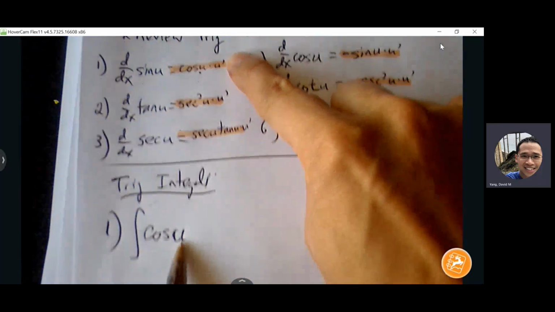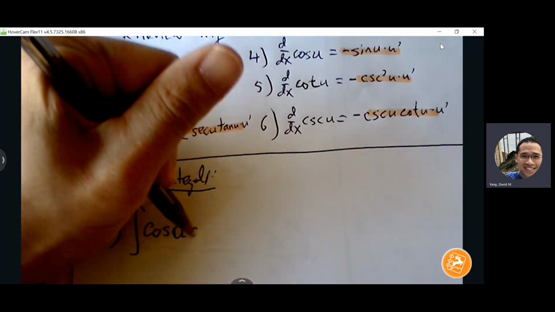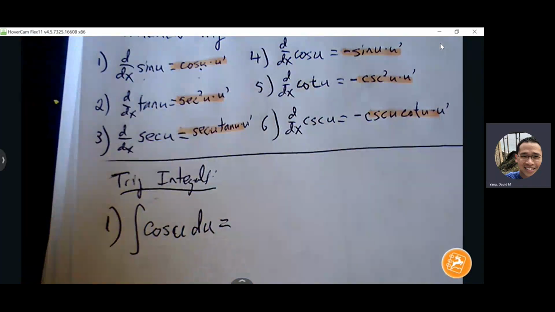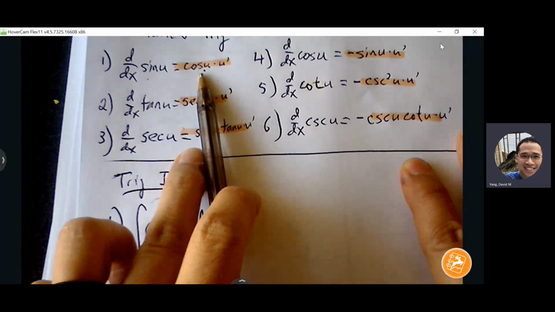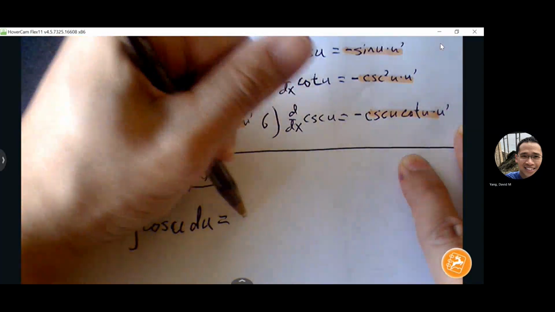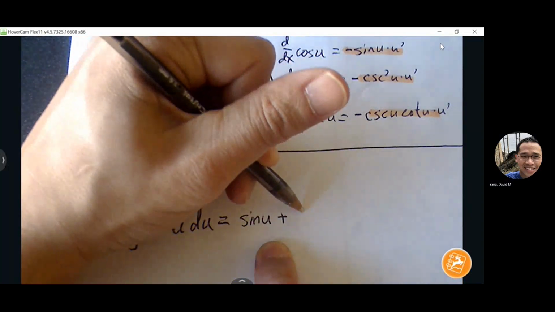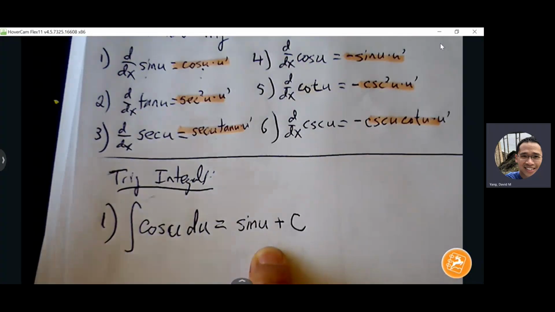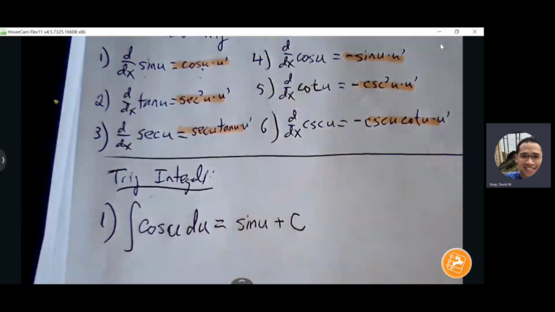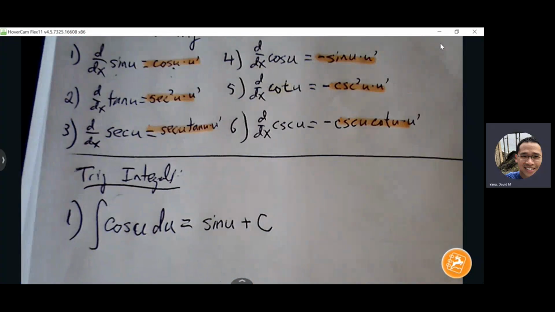Now, instead of u prime, we're going to use du because du is the notation for antiderivative. But cosine's antiderivative is going to be what? Sine of u, and then we include plus c, right? You're not memorizing any new rules. You're just adapting them for antiderivatives.